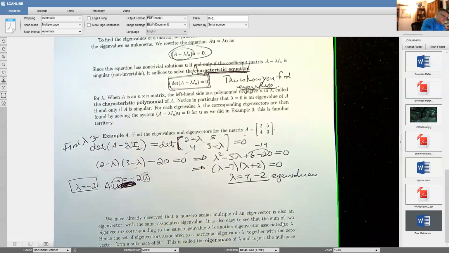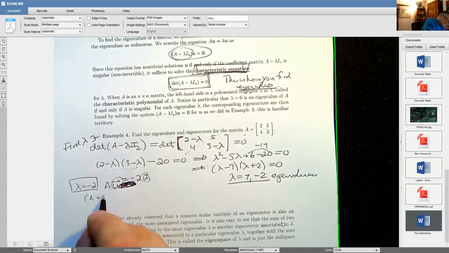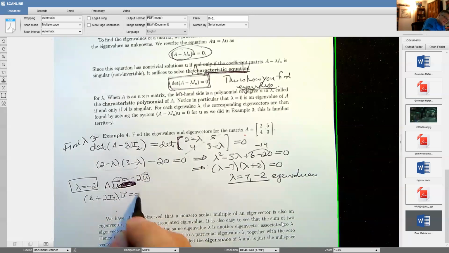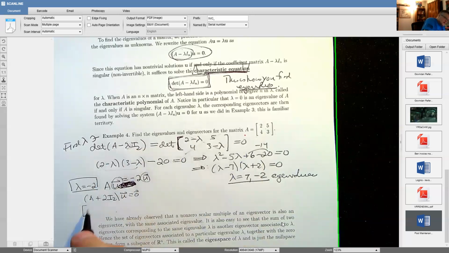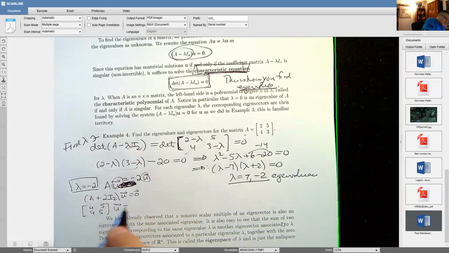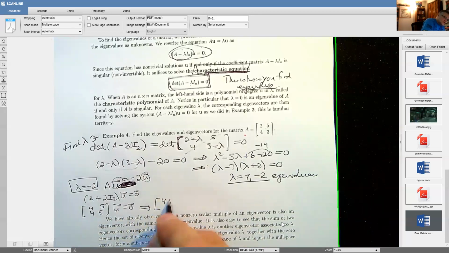Remember, this is equivalent to taking everything to the left: A plus 2 I2 times the vector u equal to 0. So let's add the 2 to the diagonal of A. So I get 4, 5, 4, 5 times u equal to 0. If you subtract the rows and plug it into row 2, you get this matrix times u.